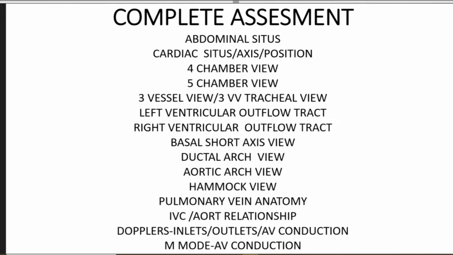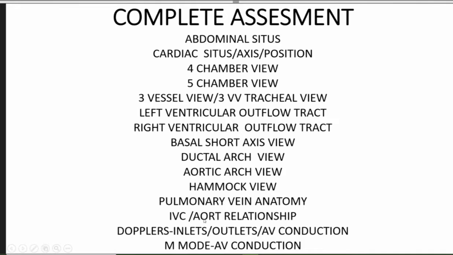Now if you put all together and if you add certain more structures to be demonstrated, you will have a complete assessment of the heart and you will not miss any cardiac anomaly, except for a few which we will look at as we go forward. So for complete fetal echo assessment, we have abdominal situs view, cardiac situs axis position assessment, 4-chamber view, 5-chamber view, 3-vessel view, 3-vessel tracheal view, LVOT view, RVOT view, short axis view, ductal arch view, aortic arch view, hammock view.